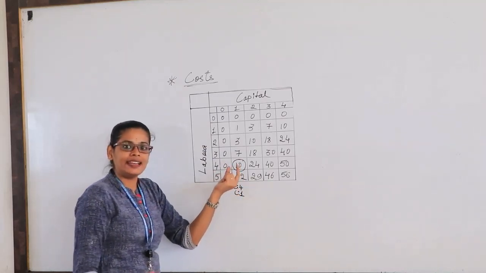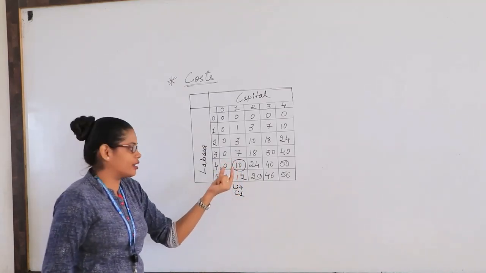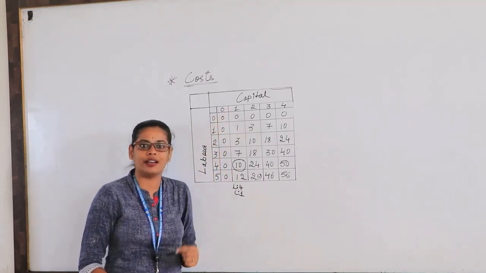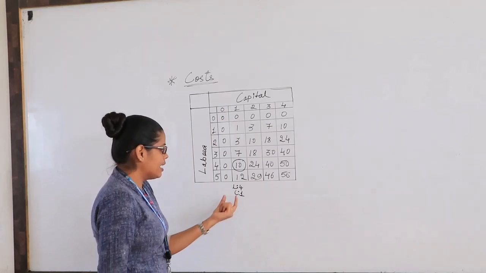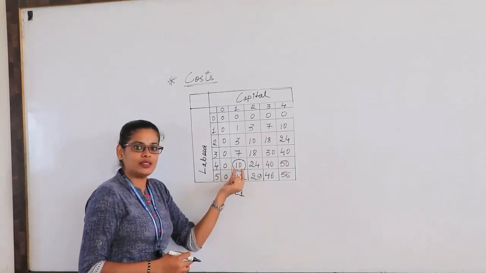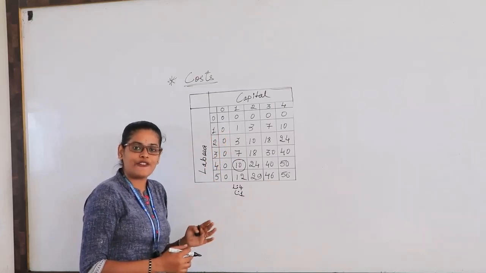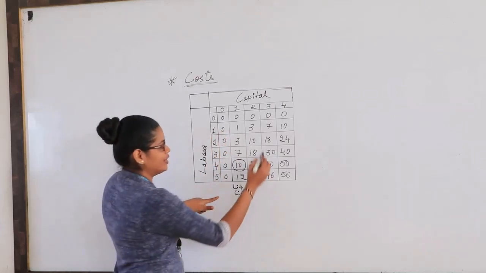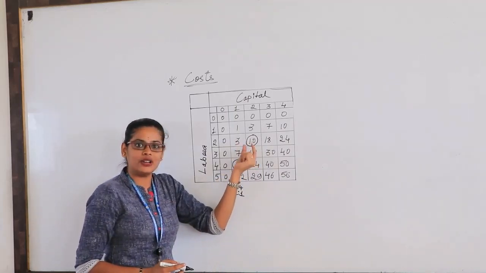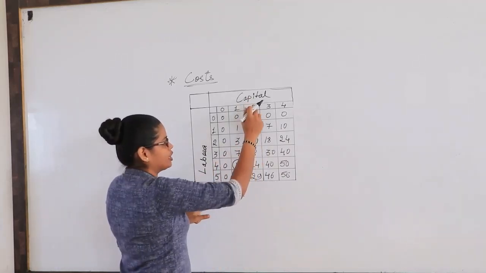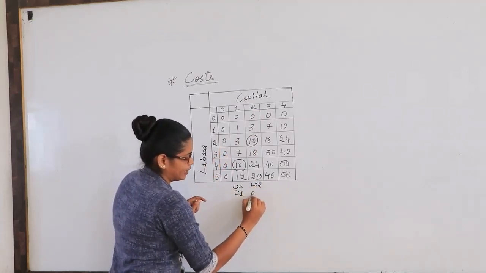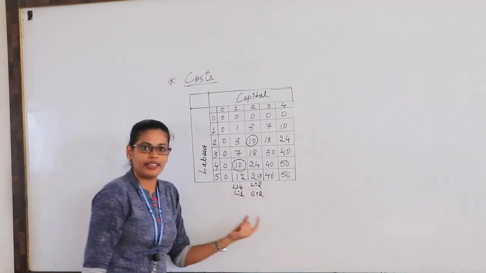Again, this 10 units which we have received with the combination of 4 units of labor and 1 unit of capital, is this constant? Are we getting 10 units only with this combination of inputs? No. Even here we have received 10 units as output with the combination of 2 labor and 2 units of capital.